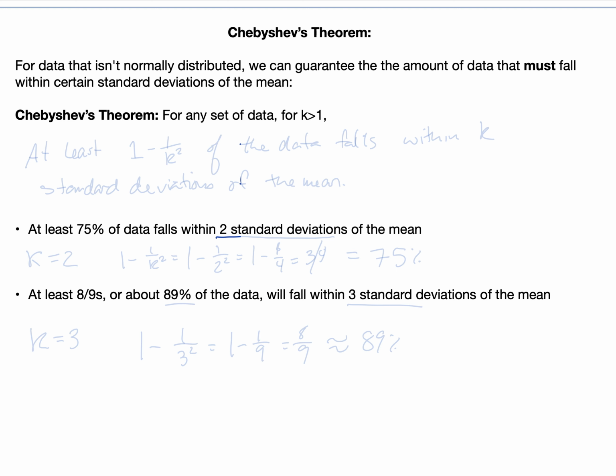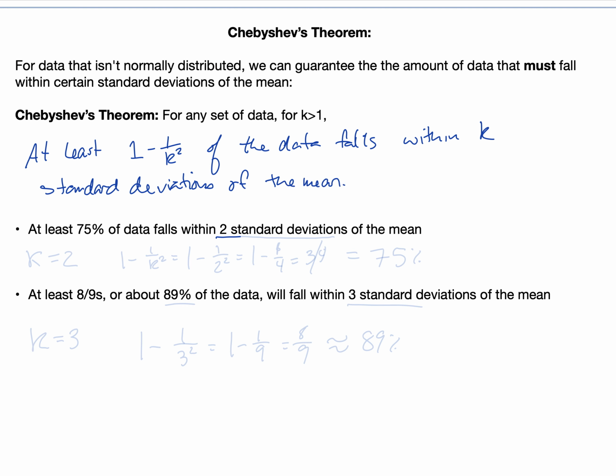So Chebyshev's theorem says that for any set of data, and for k greater than 1, at least 1 minus 1 over k squared of the data falls within k standard deviations of the mean.